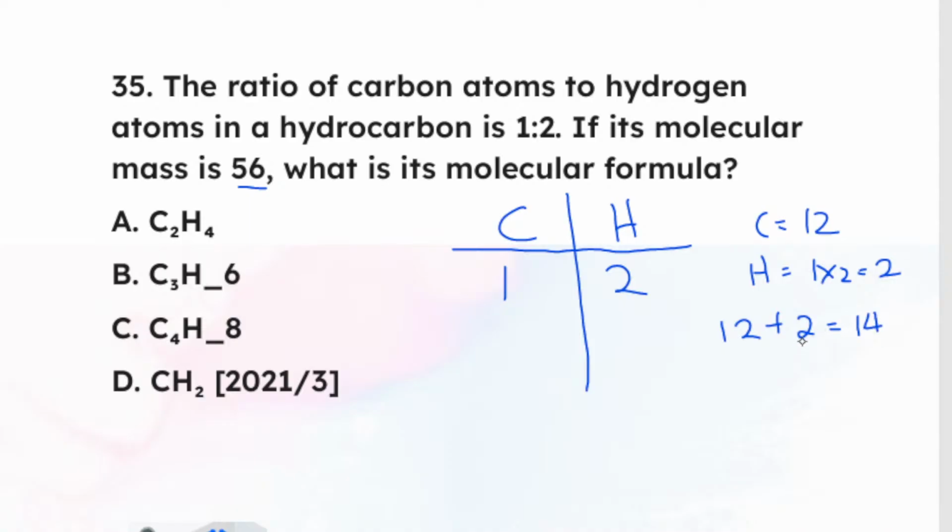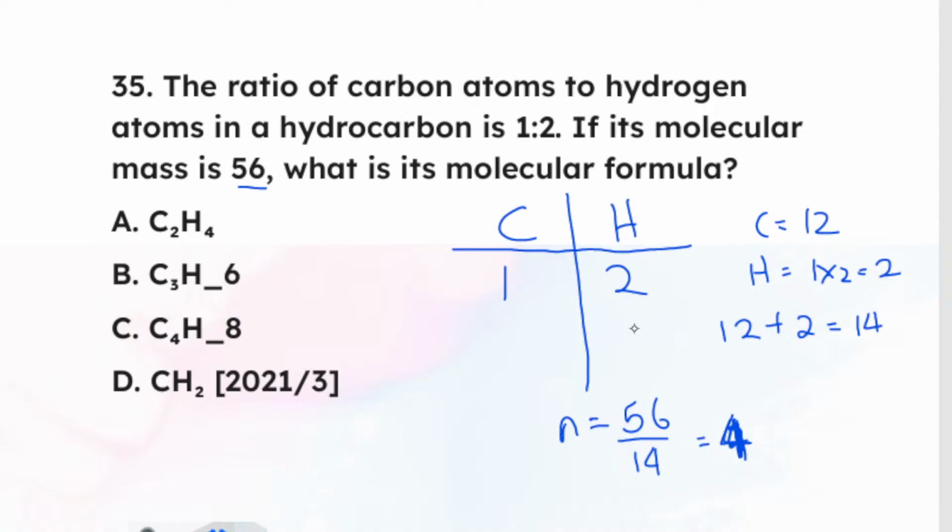So we know that the number of moles will always be equal to the entire mass divided by 14, which would be, if you divide this, you get 4. So our number of moles is 4.